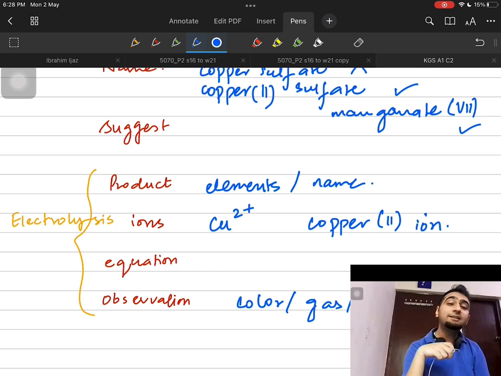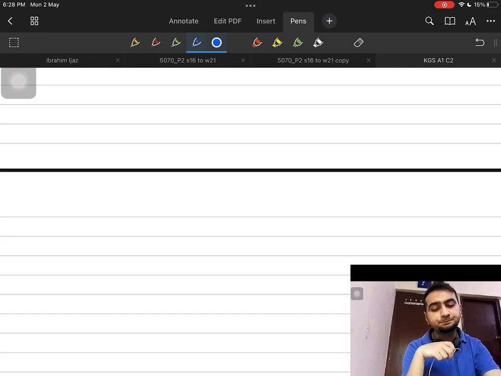If you write the name of the substance, that is okay. But if you're not writing the name of the color and you're writing the name of the product, thinking, oh my god, I answered it correctly. No, this is not how you should do it. So make sure you're writing the name of the color or the fizzing or bubbles. This is something people often mistake.